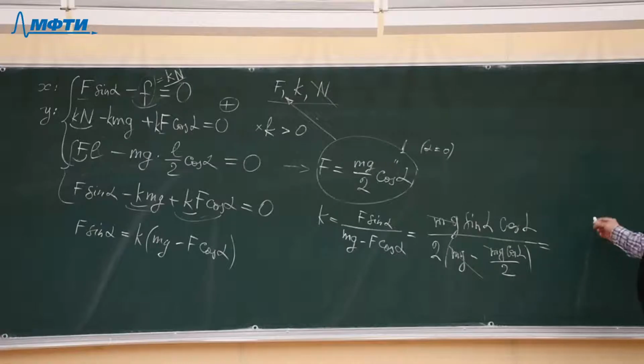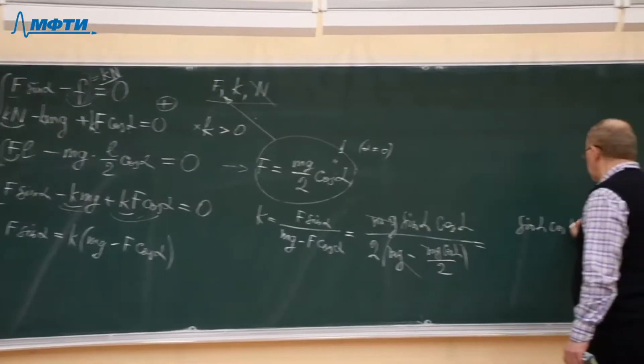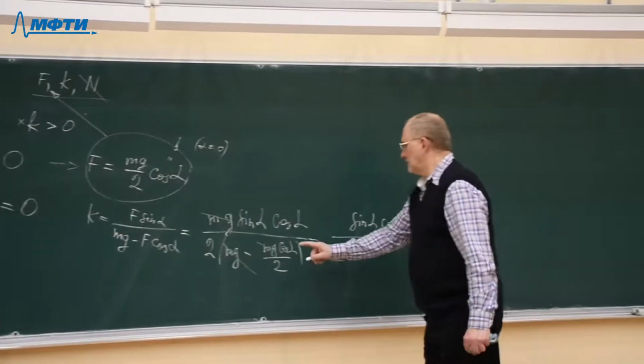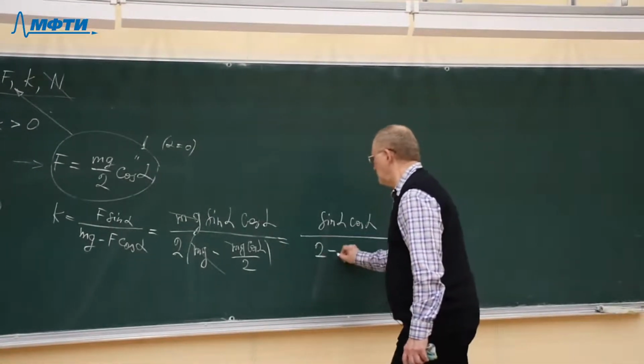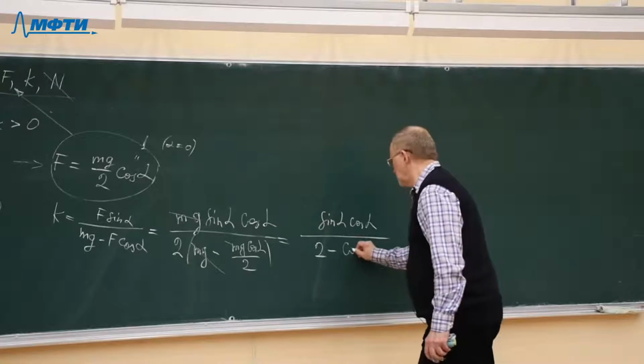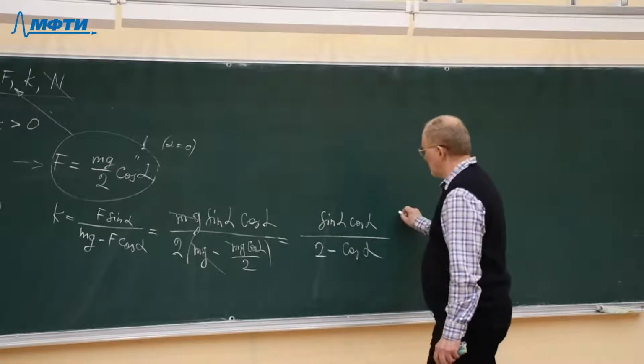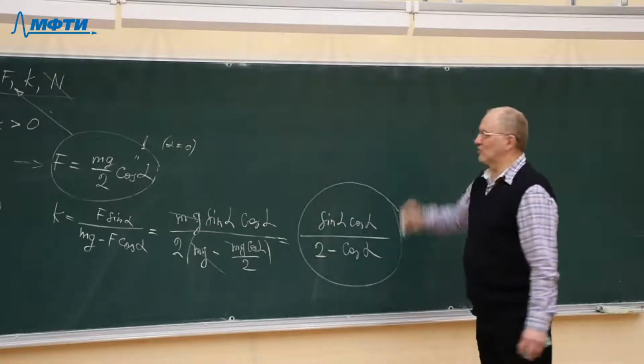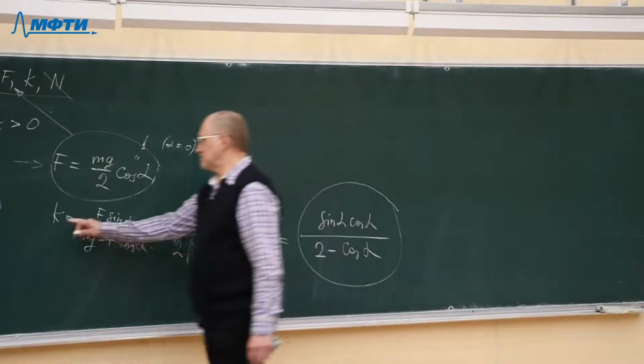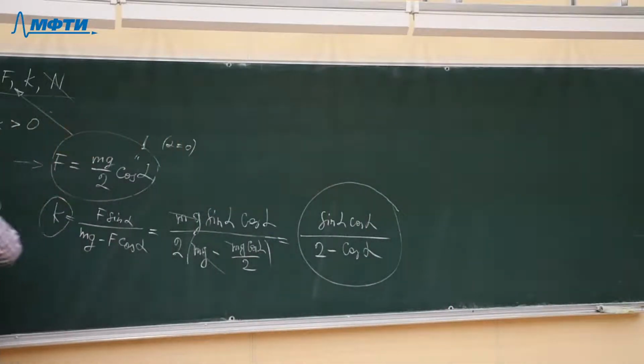And then we obtain sine alpha cosine alpha divided by 2 minus cosine alpha. That's the answer for the coefficient of friction, which we have to find in this problem.